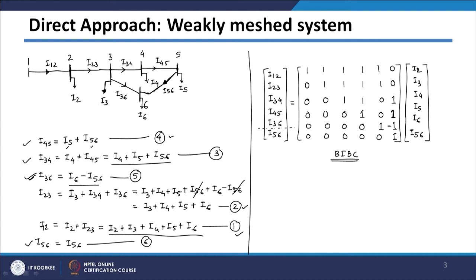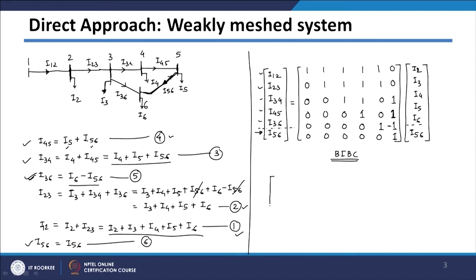If this loop current is not there, the actual system is radial. So if you remove this branch, the system becomes radial. That is why this added branch, which is making the loop, I can consider as I loop. These are actually branch currents, and this extra branch which is added making the loop, I am calling I loop.